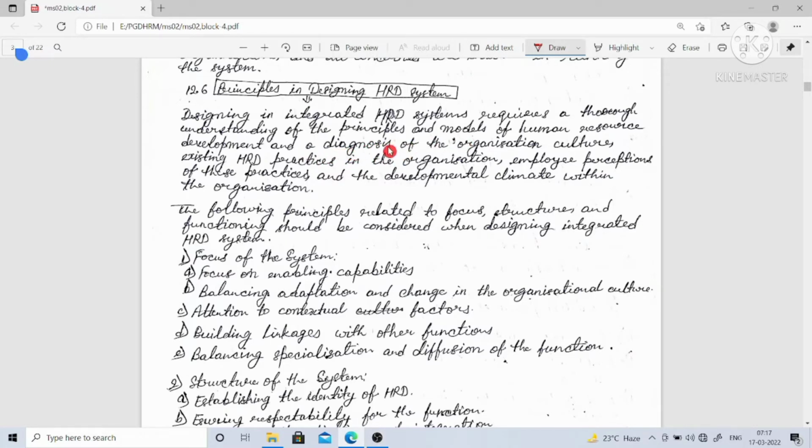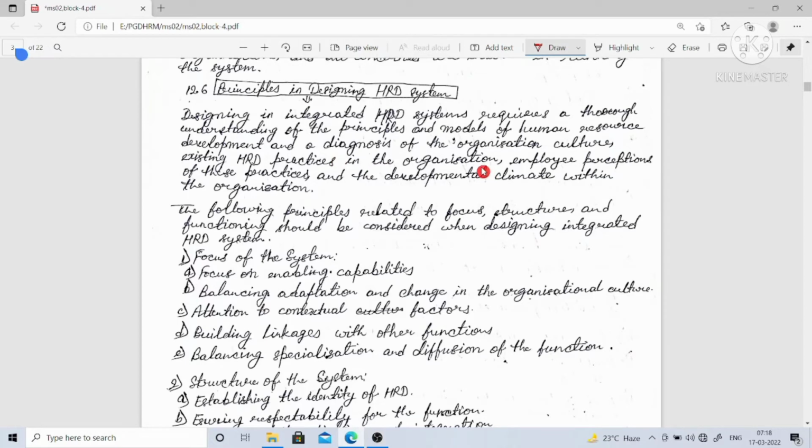And a diagnosis of organizational existing human resource development practices in the organization, employee perception of those practices, and the developmental climate within the organization. You can see here what are different things which the manager should keep in mind while designing human resource development system. So thorough understanding of the principles and models of human resource development, and diagnosis of existing human resource development practices in the organization, means what different kinds of practices are used in the organization.